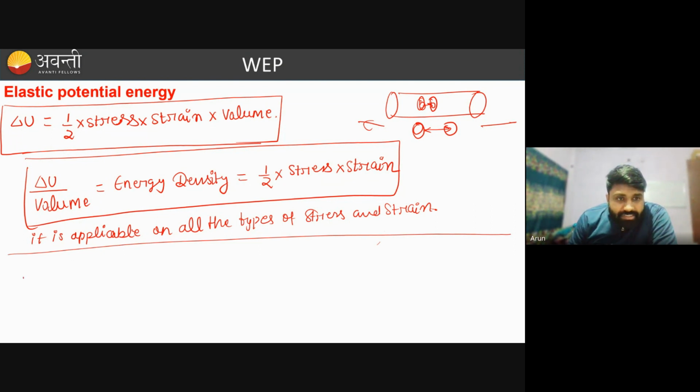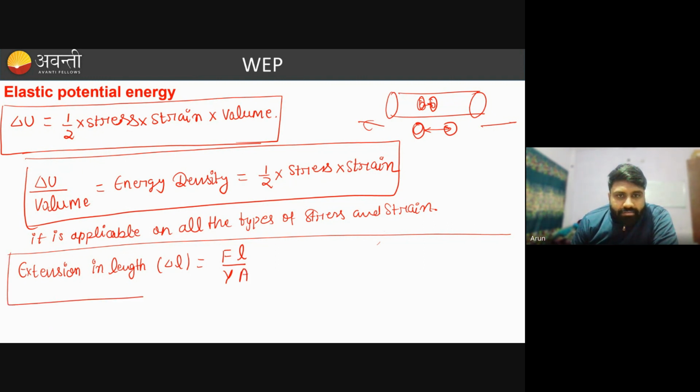So the extension in length, or you can say the change in length, let's say it is delta L, is given by the force applied multiplied by the original length divided by the Young's modulus of elasticity multiplied by the original area.